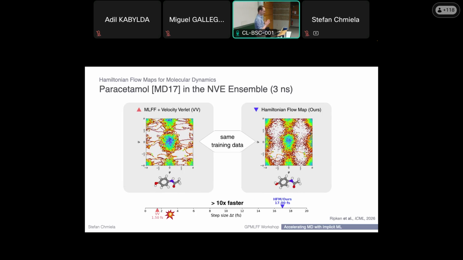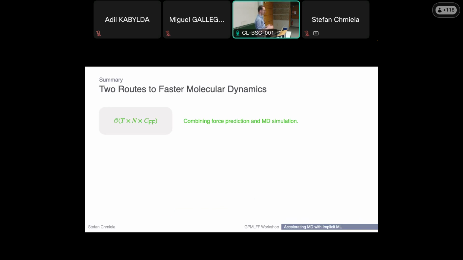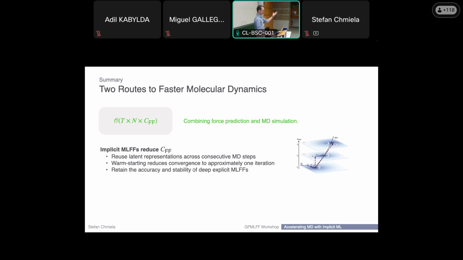Okay, and this already brings me to the conclusion. So I was exploring how to use implicit modeling to wrap force prediction and MD simulation into one problem that we want to solve jointly now with machine learning. And the goal was to reduce the complexity that is represented here in the first line.